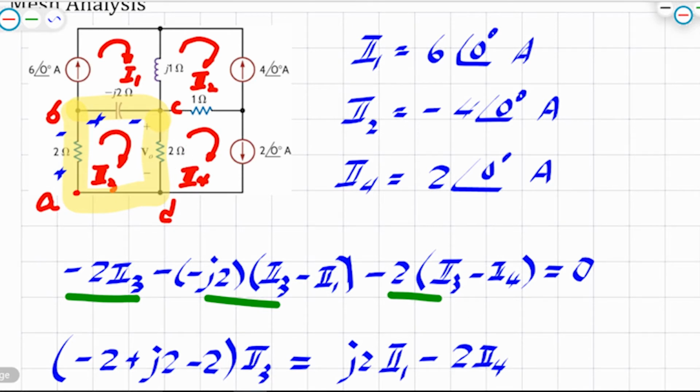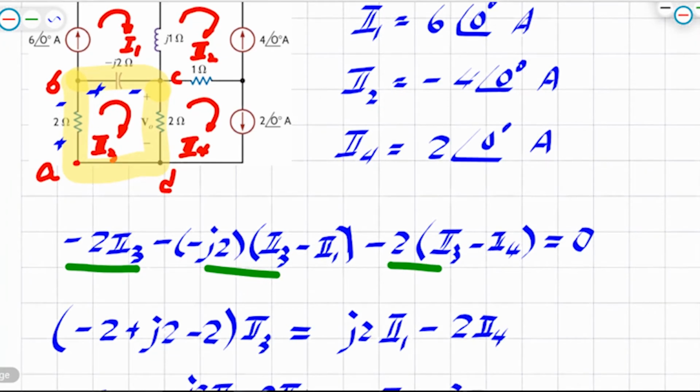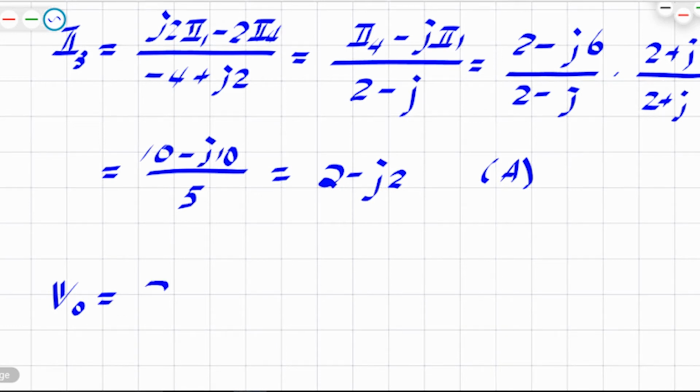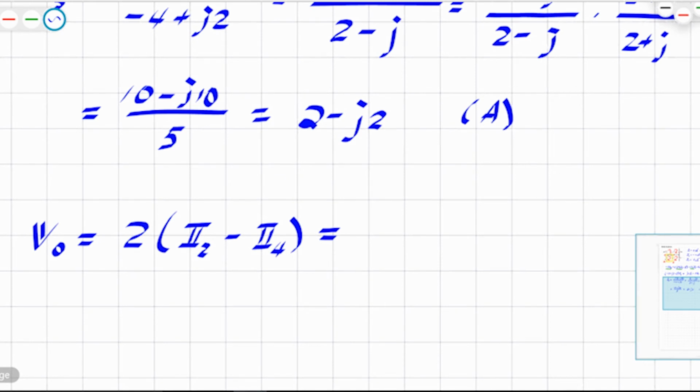So V0 is equal to 2 times I3 minus I4. Since my I3 is still expressed in rectangular form, that's easier to manipulate in a summation or subtraction operation.